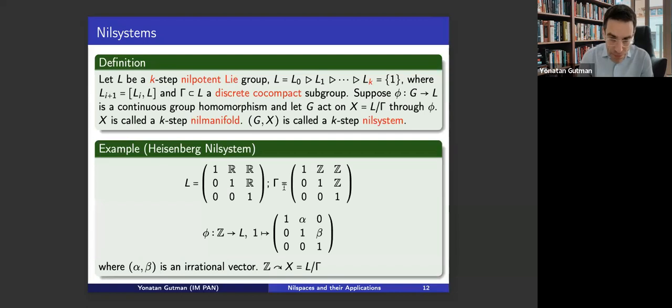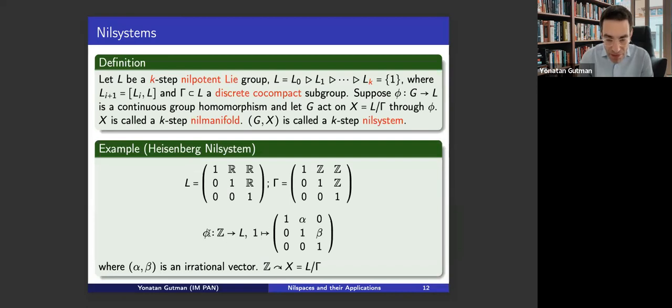It's 3-dimensional, but if you divide R by Z, you get the circle, right? So the first guess would be that this gives maybe the three-dimensional torus, but it is not the three-dimensional torus. It's actually a circle fibration over the two-dimensional torus, but this fibration is non-trivial. It's not a three-dimensional torus.